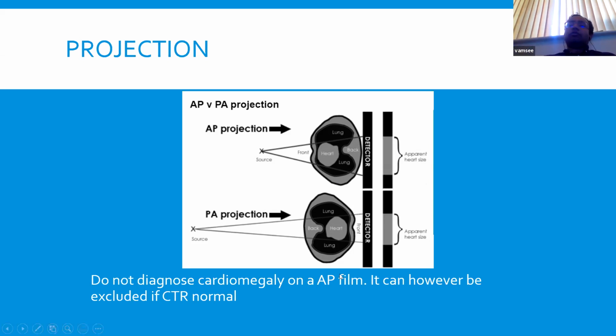So it works as a negative marker: if the heart size is not enlarged on an AP film, that's fine. But if it is enlarged on an AP film, don't jump in and call it cardiomegaly unless you've got other signs suggesting the patient is in chronic congestive heart failure, for example. But that's just something to note. Generally speaking, through med school, I've always said, this is an AP film, therefore it's difficult to comment on the heart size, and no one ever penalized me for that. So if you're ever stuck, that works as well.